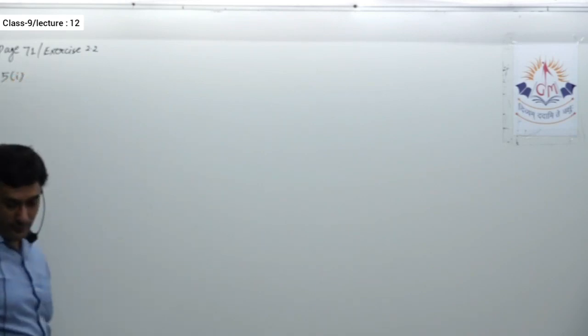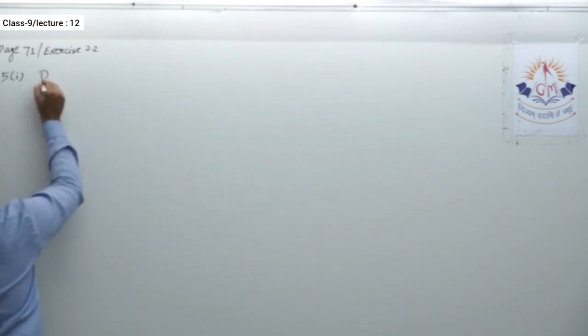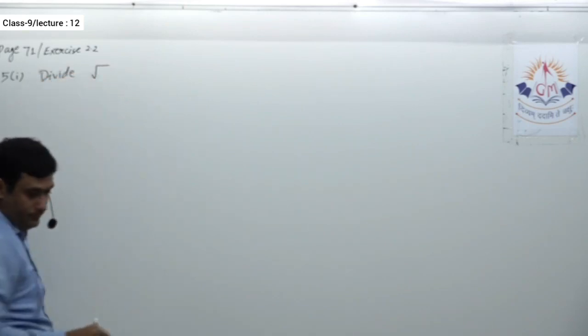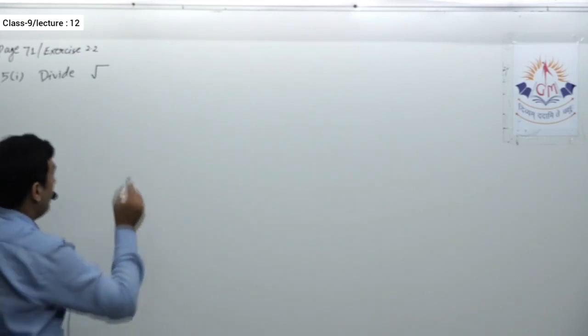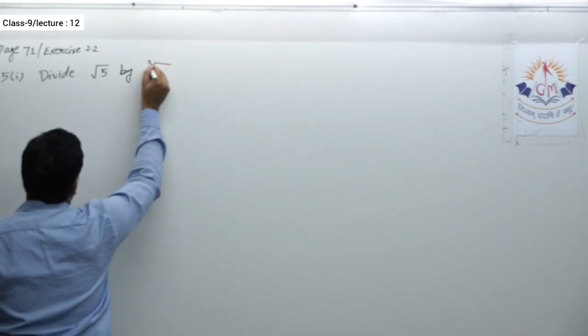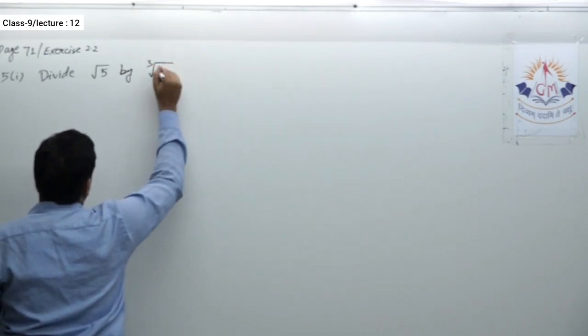We have to divide root 5 by third root of 4. Root 5 by third root of 4.